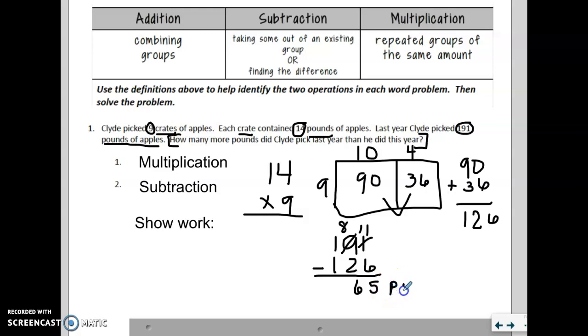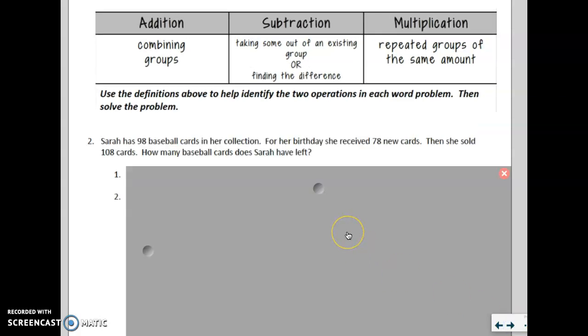So make sure you go ahead and label your problem. Okay. You can pause the video if you need time to finish your problem. Okay, so if you're done with your work, let's go to our second problem.